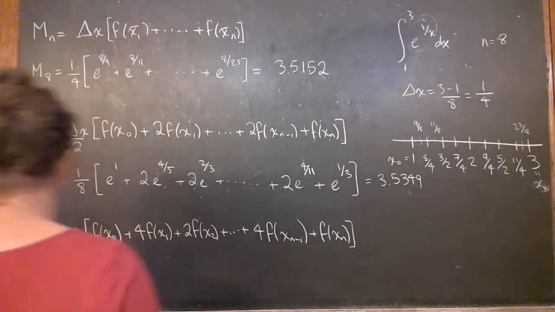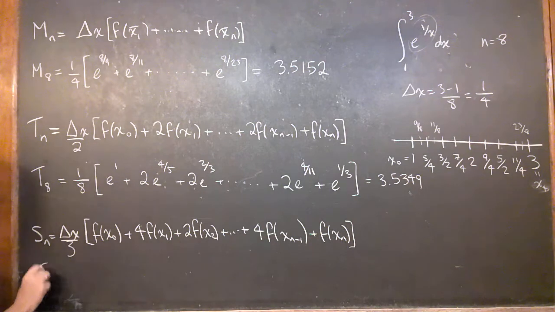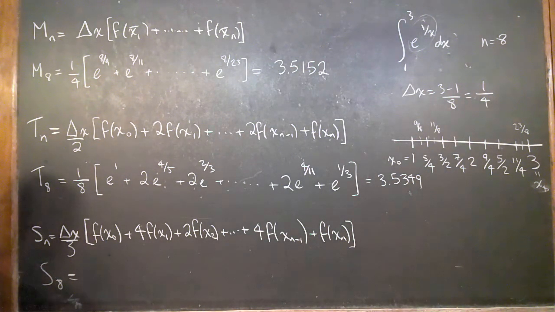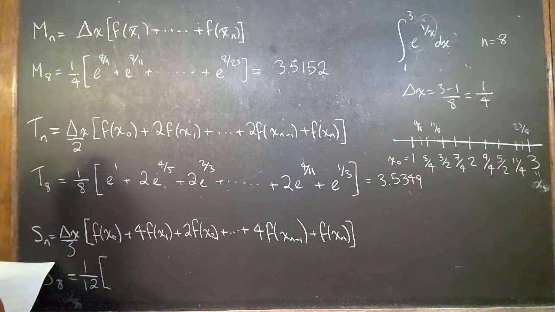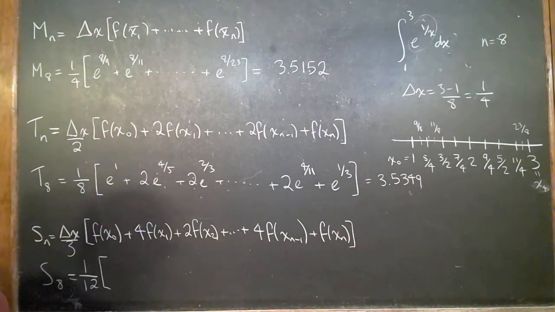All right? And then for my Simpson's rule, again, delta x over 3, so I get 1/12, right? Yeah, 4 times 3 is 12.